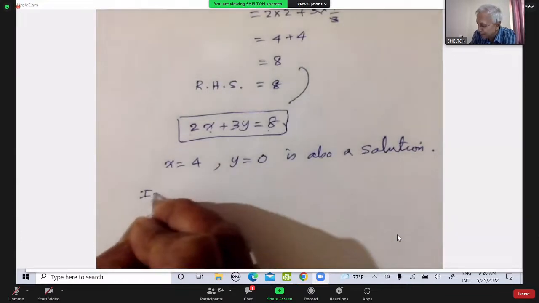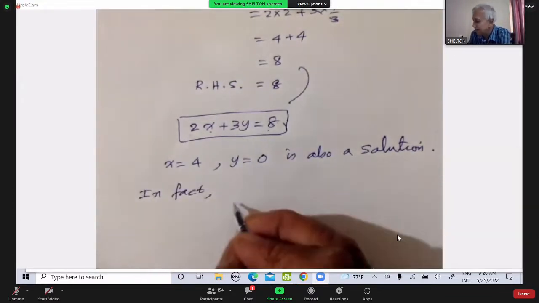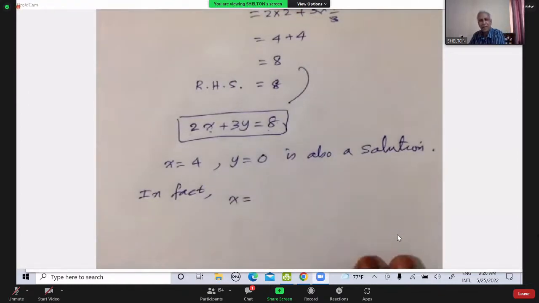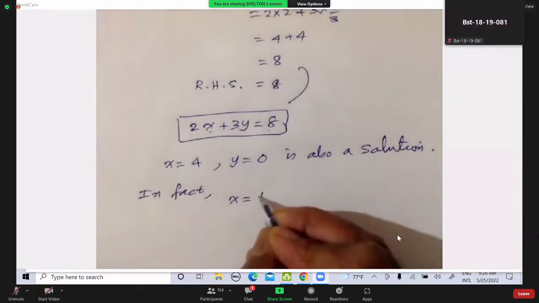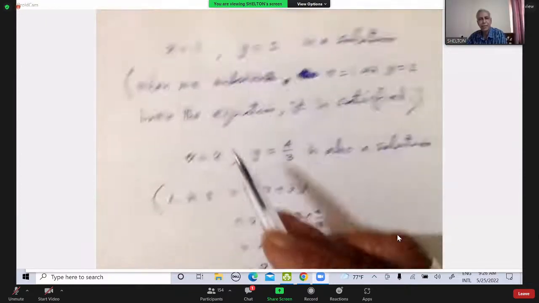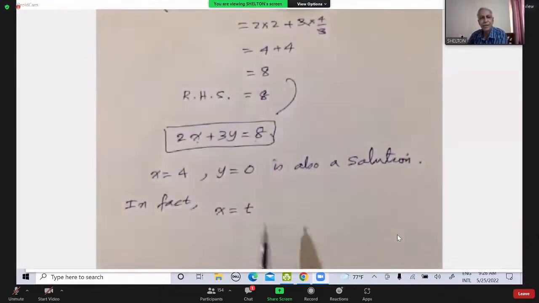In fact, x equals, what? Let us say x equals t. What is t? The first time I took x to be 1, second time x to be 2, third solution, the student took x to be 4.